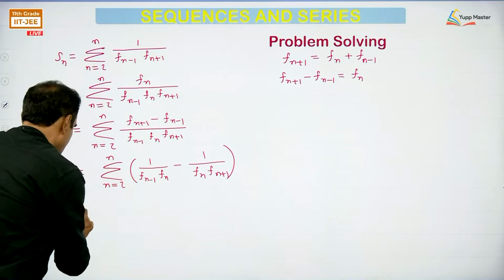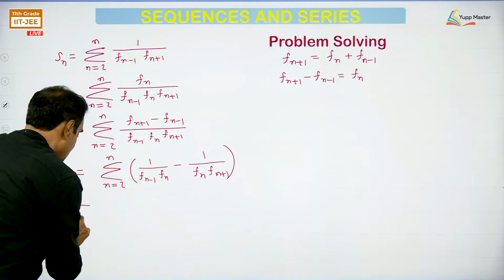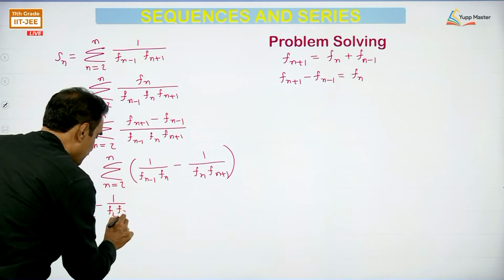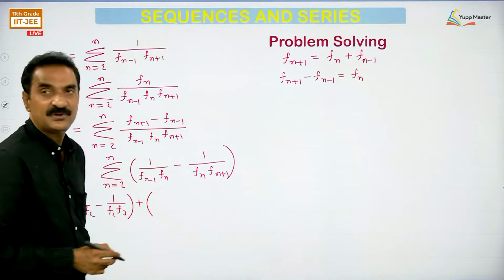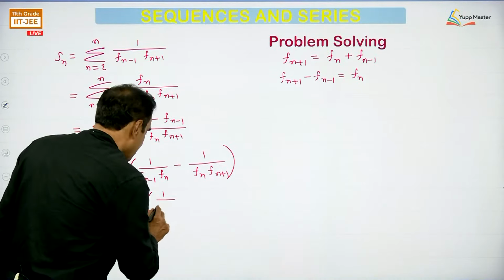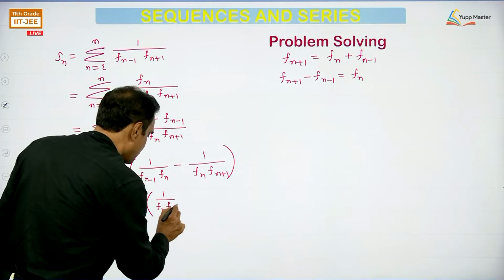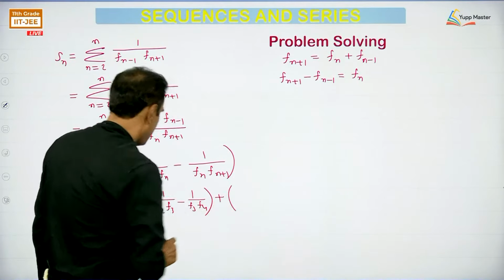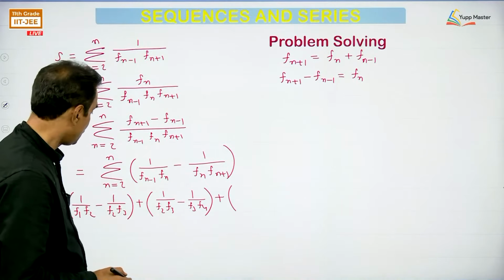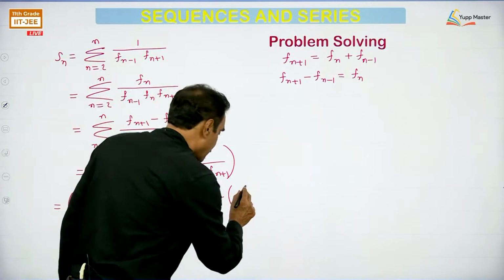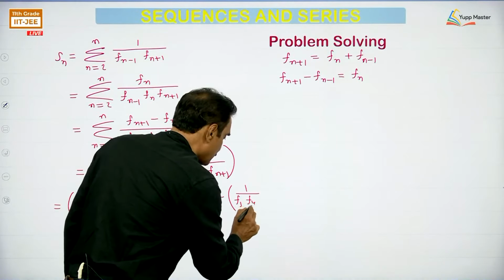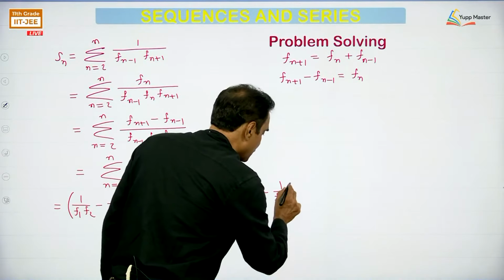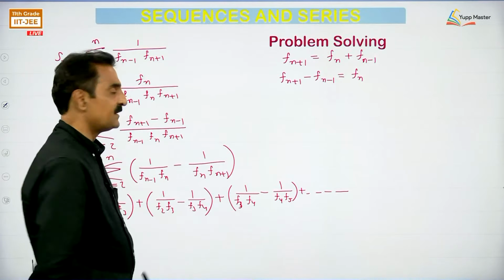Putting n is equal to 2, it will be 1 by f1 into f2 minus 1 by f2 into f3, plus, putting n is equal to 3, 1 by f2 into f3 minus 1 by f3 into f4, plus, putting n is equal to 4, 1 by f3 into f4 minus 1 by f4 into f5, and so on till the nth term.